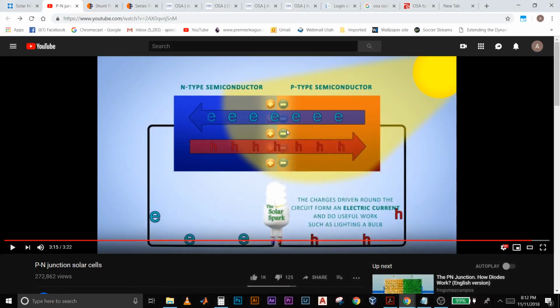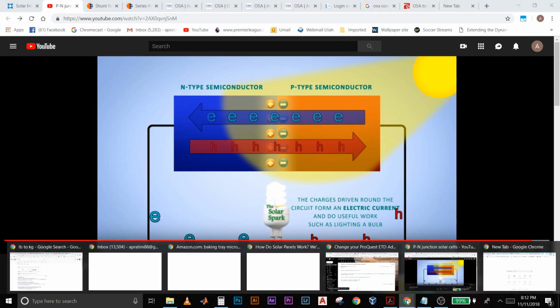Now, we saw over here that the solar cell is a combination of two effects. One is a diode type effect, which basically comes from the PN junction diode, and the second is a photocurrent source, basically the generation of electric current from photons.